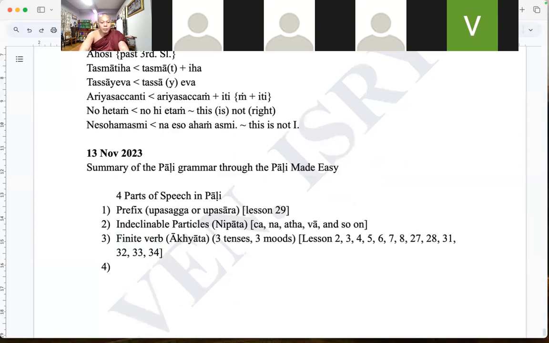And then the last part is, actually we could not say it in an English word, just the Pali word nama, because nama, if we translate into English, is just noun. But here in grammar, nama refers to not only nouns but all of the declinable words.